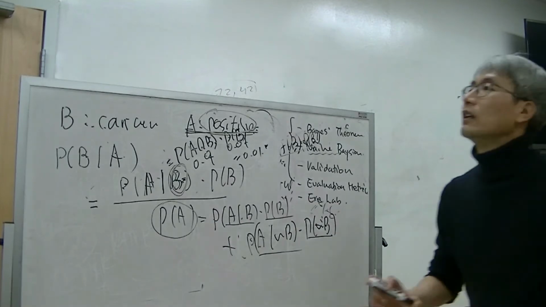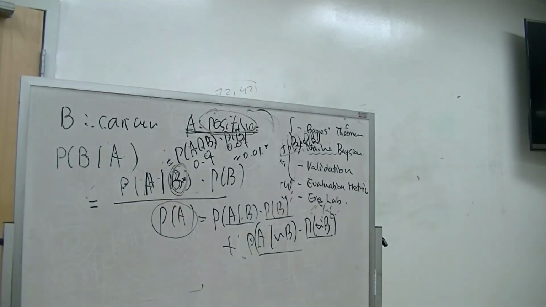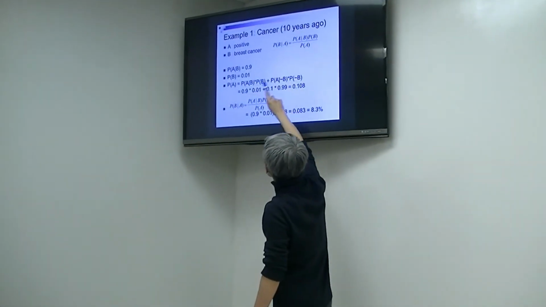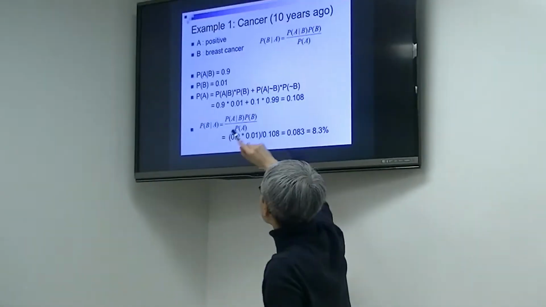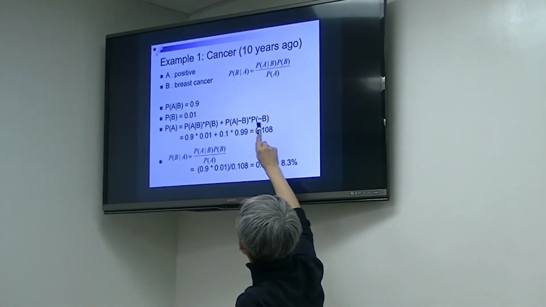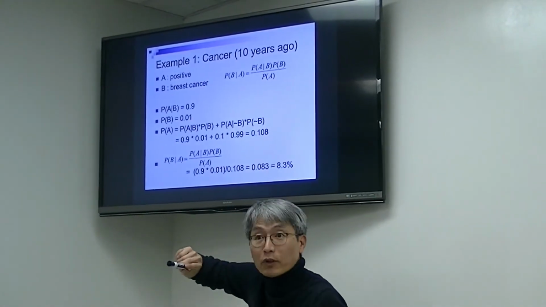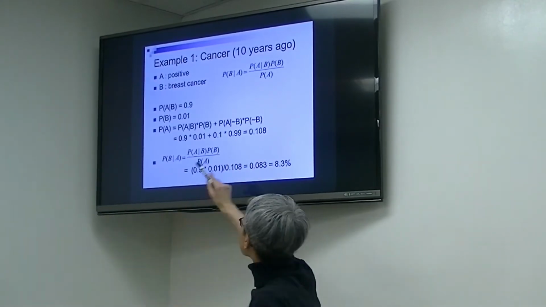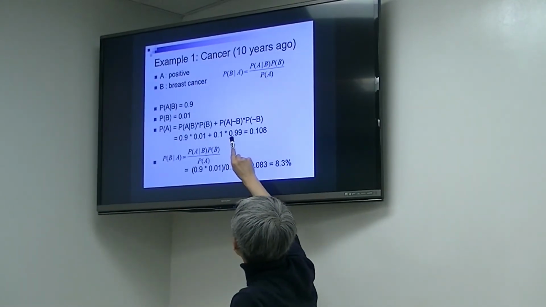The P of A given B is 90%, it's 0.9, and P of B is 0.01, and this is the complement, right? The not B is 99%. The not B is not breast cancer, 0.99.